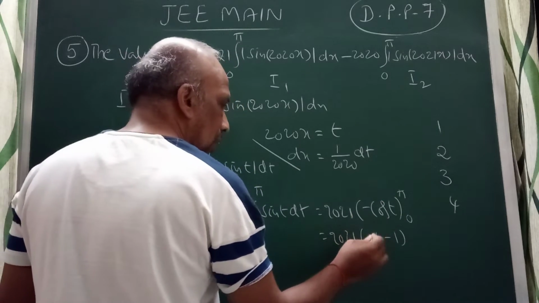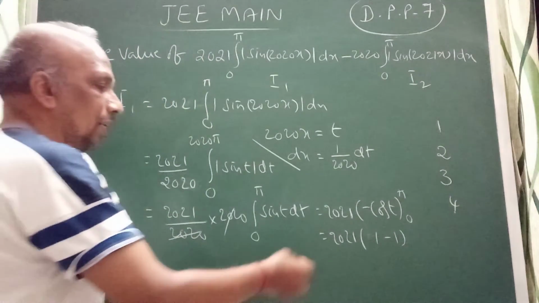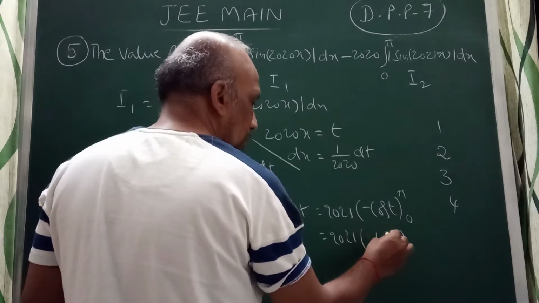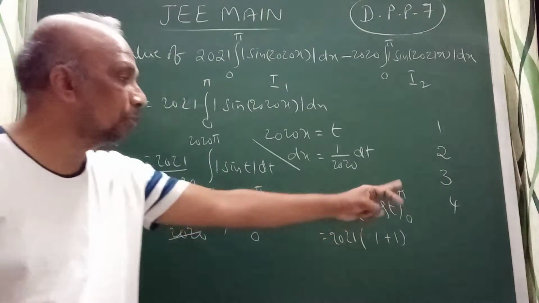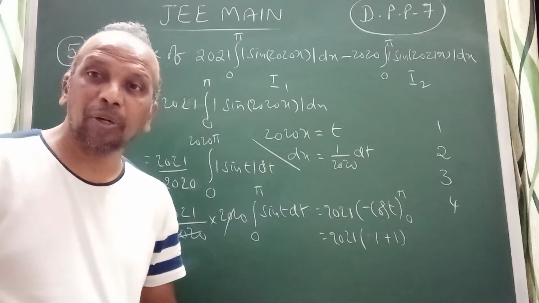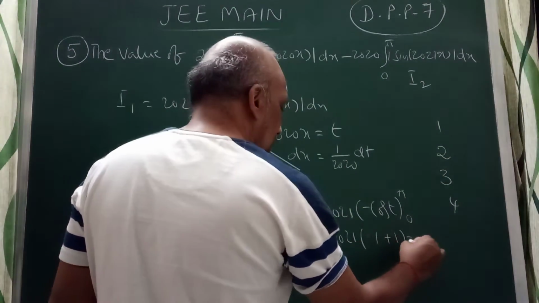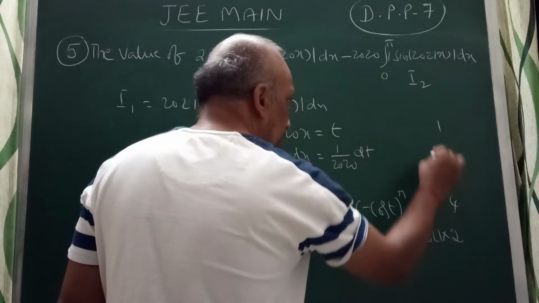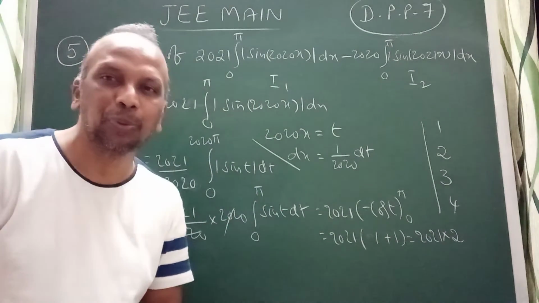Cos pi is minus 1 and cos 0 is 1, so minus cos pi minus cos 0 gives 1 plus 1, which is 2. So I1 is 2021 into 2. This will be our answer for I1.